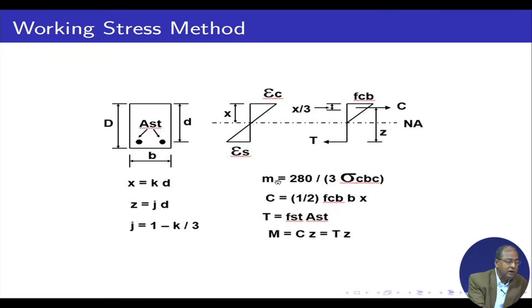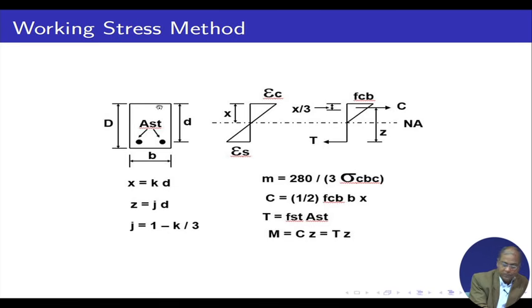M equal to, as I have already told, 2 by 3 sigma CBC, and C will be the triangle, half FCB into x. This is FCB and this is x. So, half FCB into x, and b, which is normal, that means along the width of the beam.